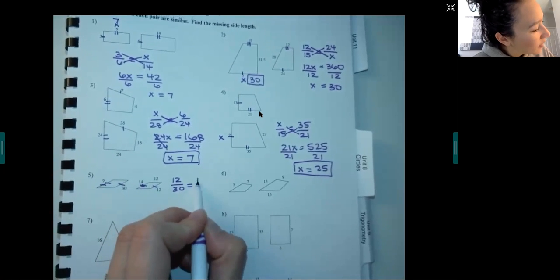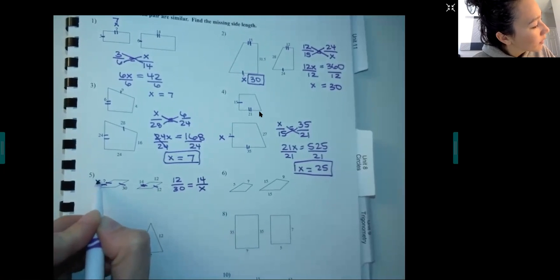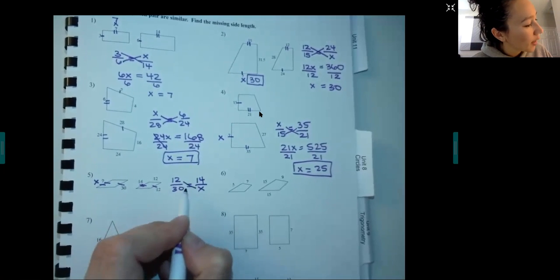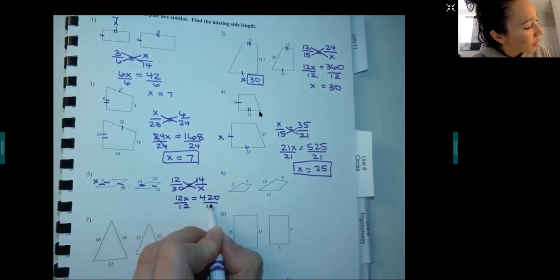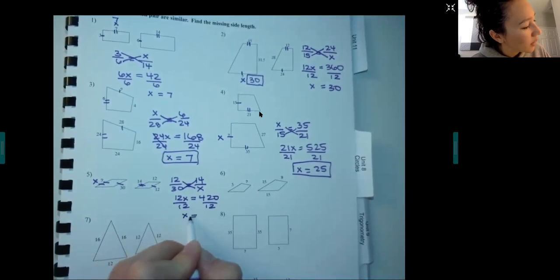Very good. What did you get when you cross multiply? I got 12x over 12 equals 420 over 12. Good, so you divide both sides by 12, and x equals 35. Very good.